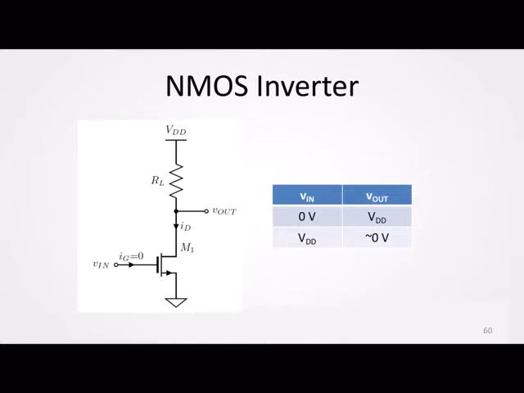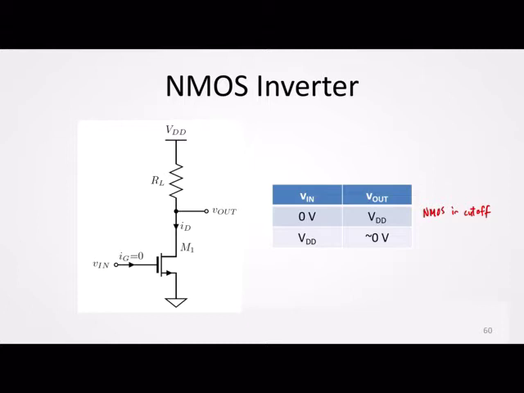So when we say NMOS inverter, this is actually the very same circuit as the common source amplifier, but this time we're just operating at the modes where the NMOS is in cutoff or in linear. So when the input is 0, the NMOS is in cutoff mode, right? In cutoff mode, the current ID would be equal to 0, so there's no voltage drop across RL and our V out would be equal to VDD.